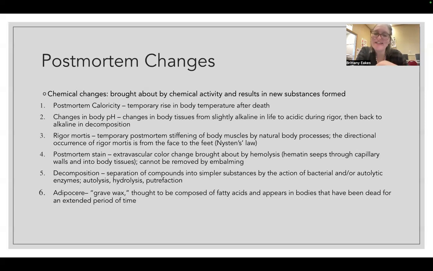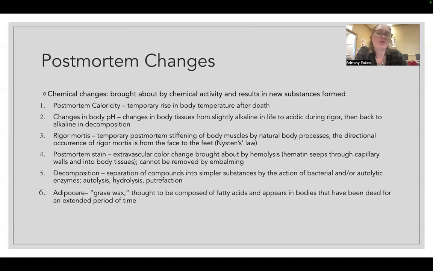It goes into the acidic range, about 6, and the body remains acidic during rigor mortis, and gradually, through decomposition processes, the body becomes increasingly alkaline. So this is why we use buffers in our fluids to buffer it to that ideal pH range for our chemicals.